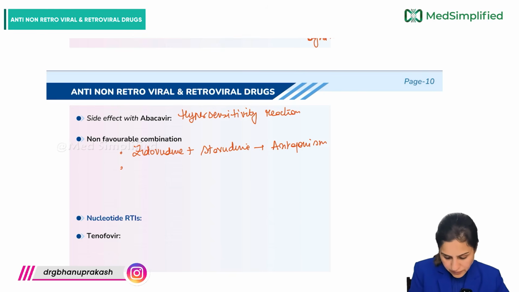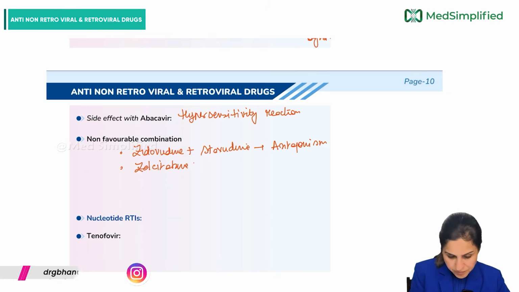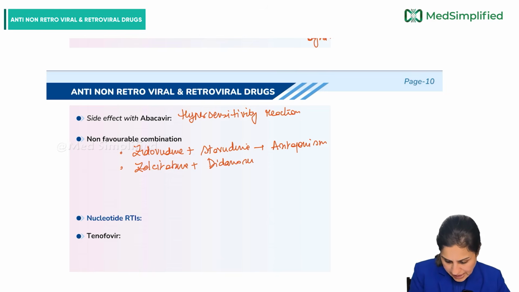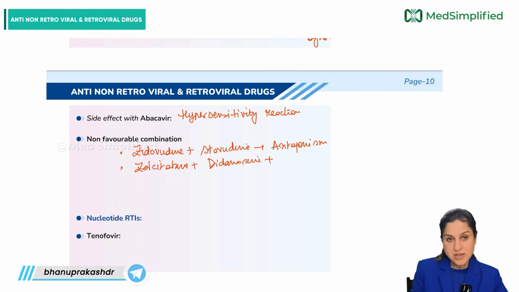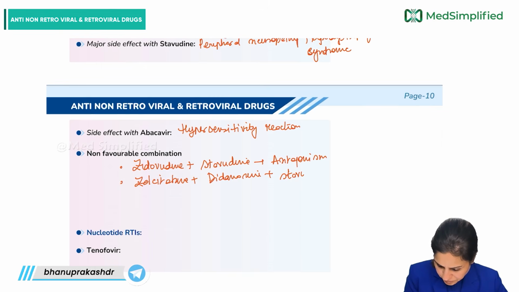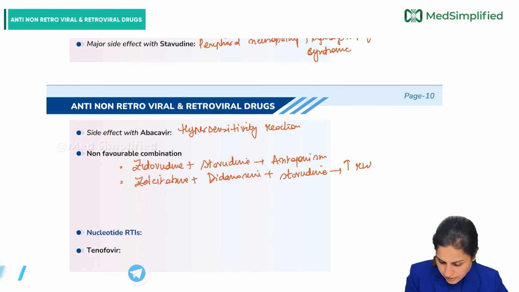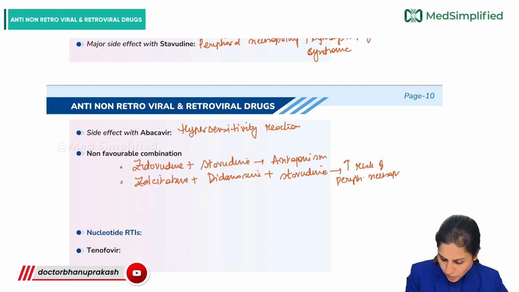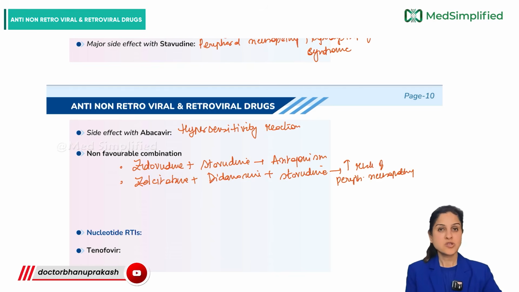Also, if you give zalcitabine with didanosine and with stavudine, there is increase in the risk of peripheral neuropathy. So these combinations you should be avoiding.